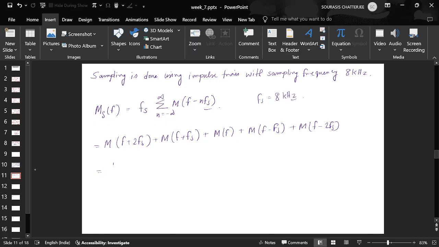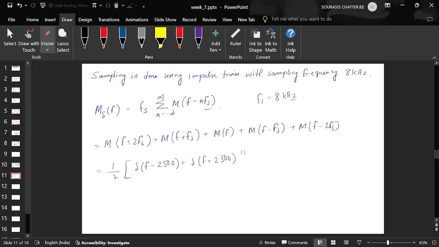M(f) remains the half spikes at plus and minus 2500. For M(f minus fs), we have delta(f minus 2500 minus sampling frequency) plus delta(f plus 2500 minus sampling frequency).